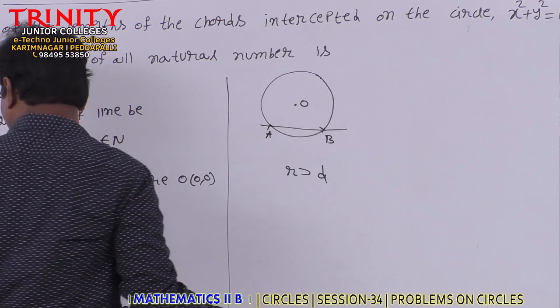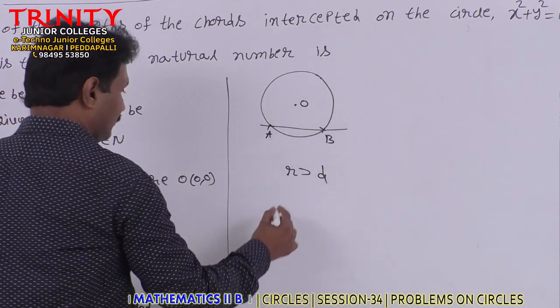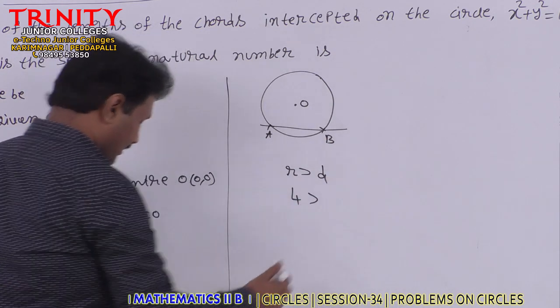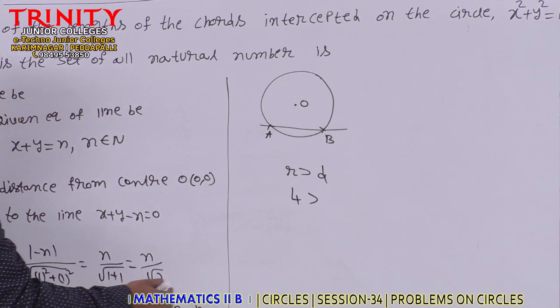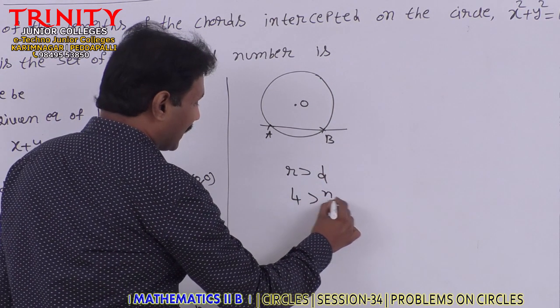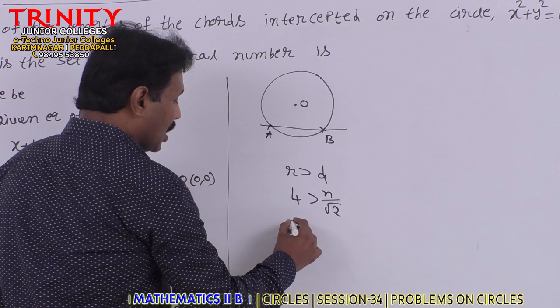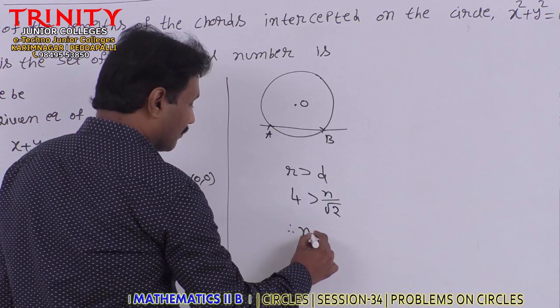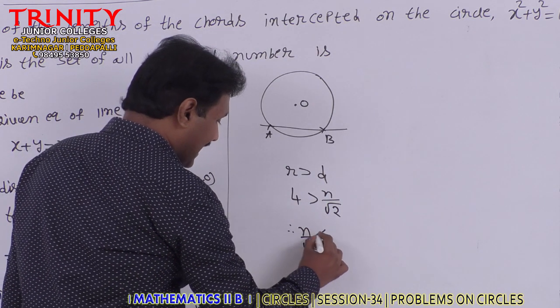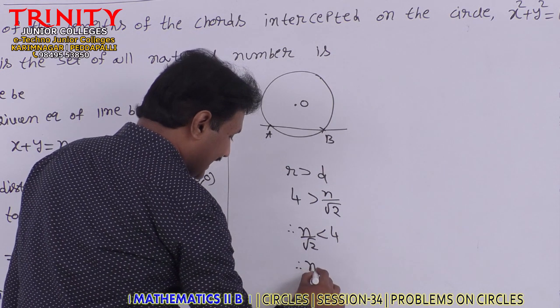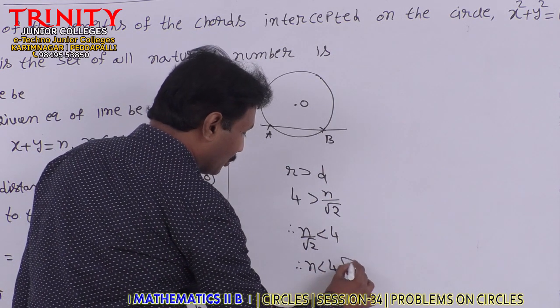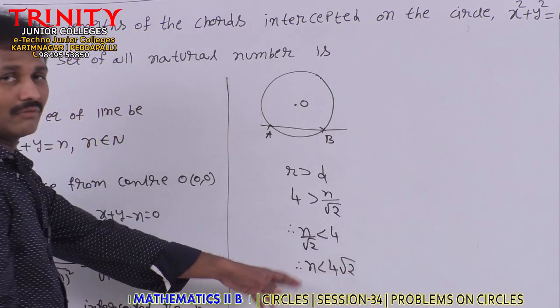Here r, the radius of the circle, is 4. So 4 is greater than d, and the perpendicular distance d is n by root 2. Therefore, n by root 2 is less than 4. Therefore, n is less than 4 root 2.